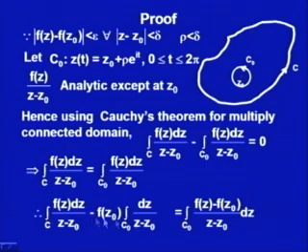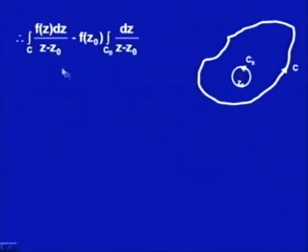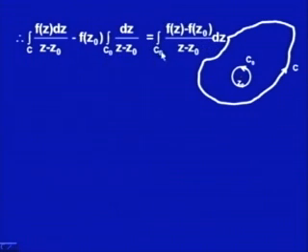Now, here I would use our favorite inequality, the ML inequality. So, what we have found is that the integral of f(z) dz/(z − z₀) along the contour C minus f(z₀) times the integral of 1/(z − z₀) along C₀ is the same as the integral of (f(z) − f(z₀))/(z − z₀) along the contour C₀ of dz.